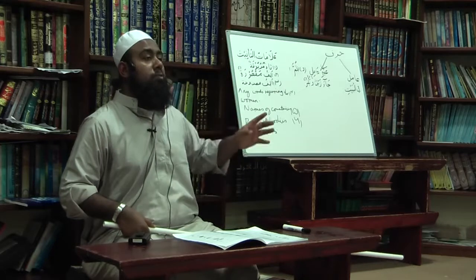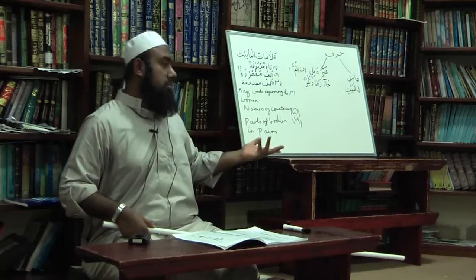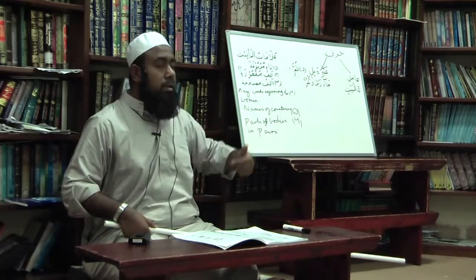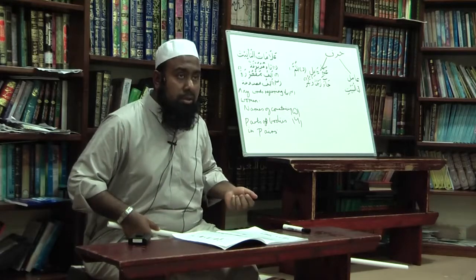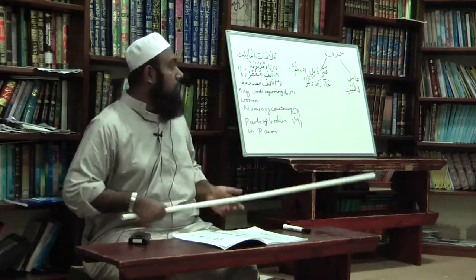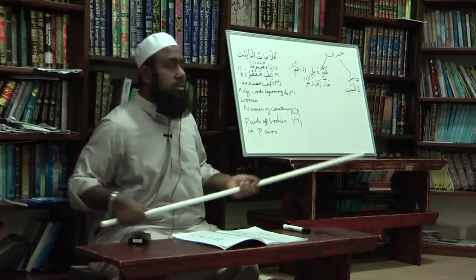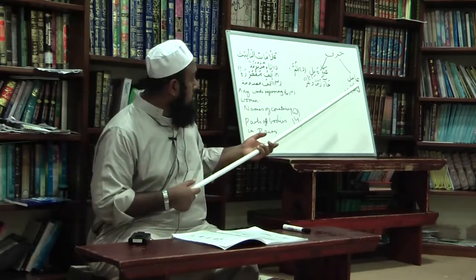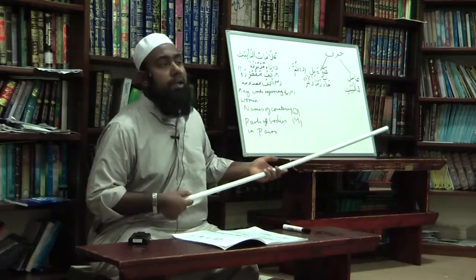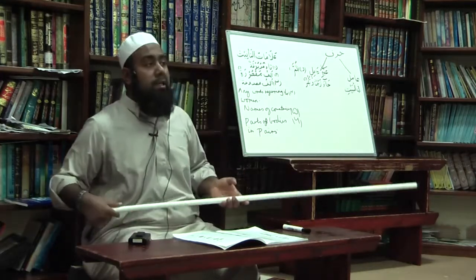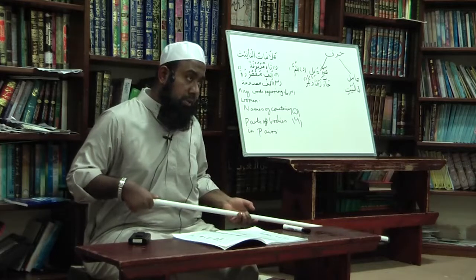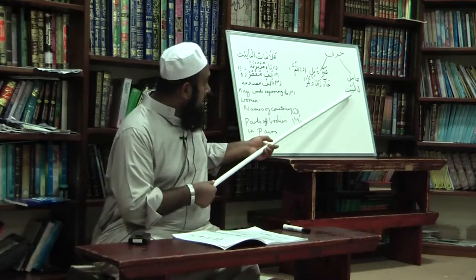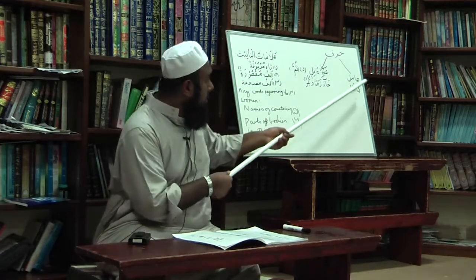Al-baytu by itself would mean the house. Fil bayti would now give the meaning in the house. If I was to add another word before that and say Khalidun fil bayti, it means Khalid is in the house. So bayti has a kasra because of fi.